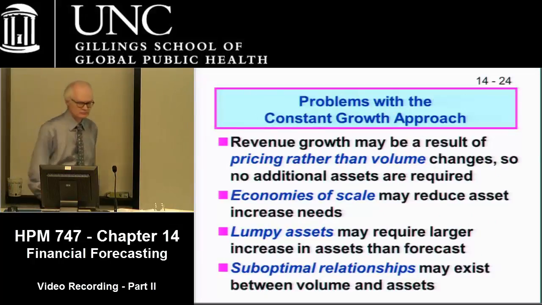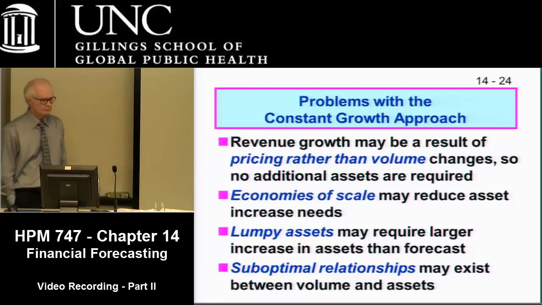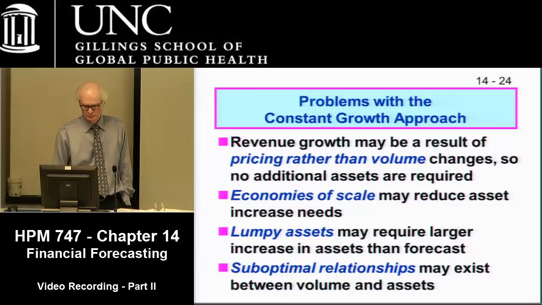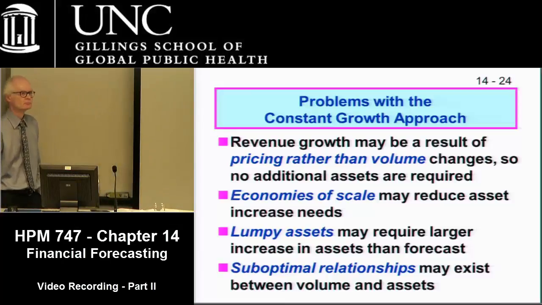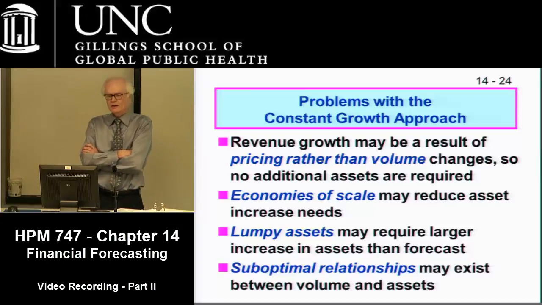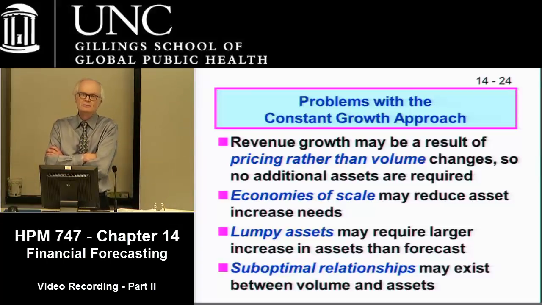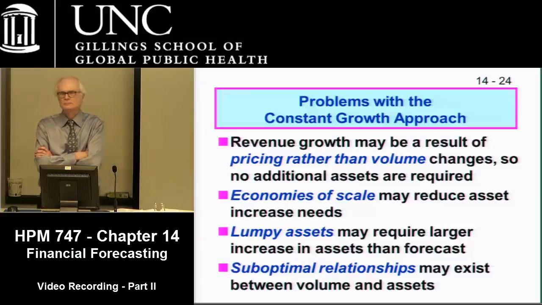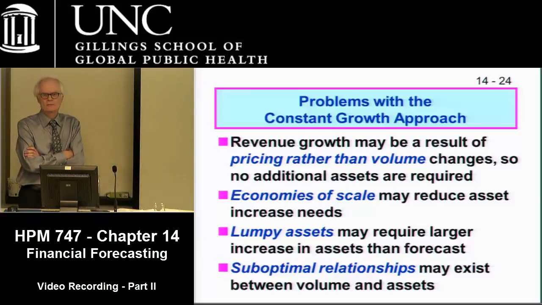Economies of scale. What does that mean? Well, if you were to increase the amount of inventory that you need, hypothetically, if you were to buy in larger quantities, you might be able to get a discount per item.